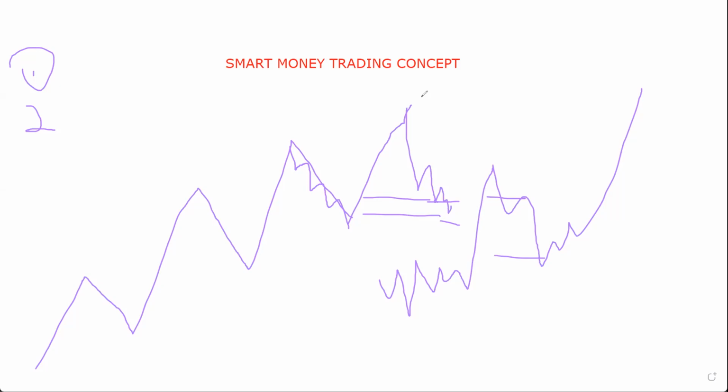So first off is identify market structure. Where is the market going? Once we've identified the trend, we want to look for opportunities in the direction of the trend. Second point would be identifying zones of interest, areas where you expect price to get towards before continuing in the overall trend. And then point three, look for confirmation within those areas.